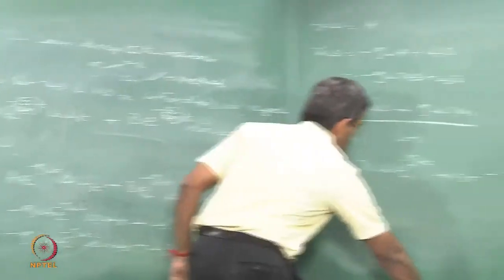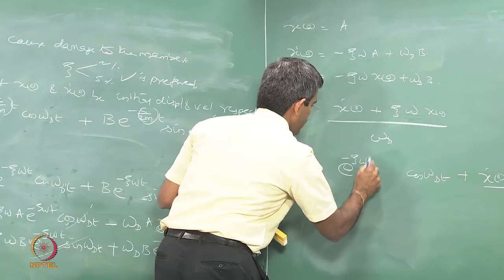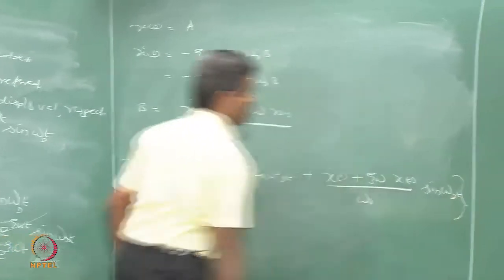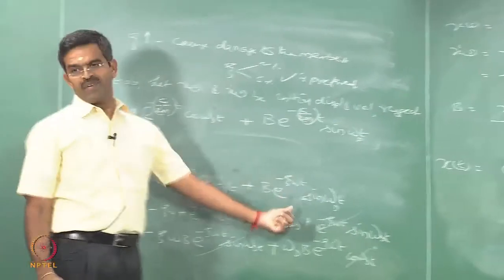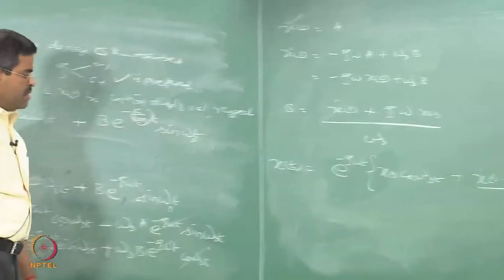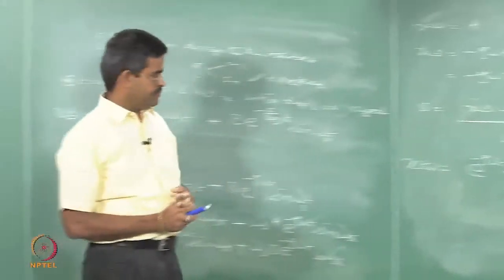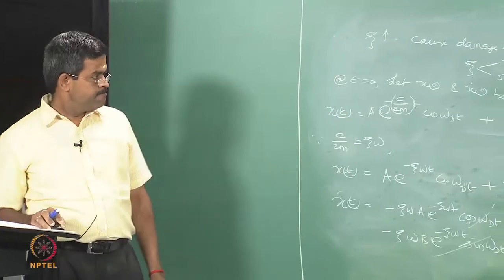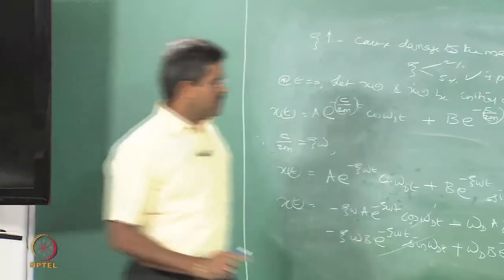What I will do is slightly rewrite this equation. The e to the power minus zeta omega t is available in both terms, so I will pick it up, and x naught is the coefficient of cos omega d t and b is available here. This is equation 7.